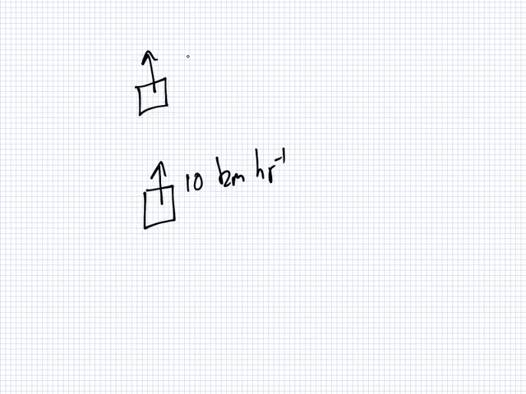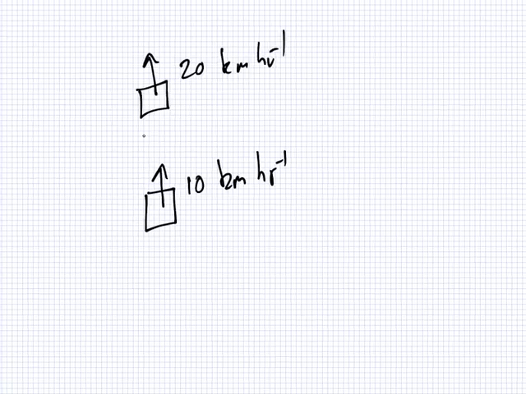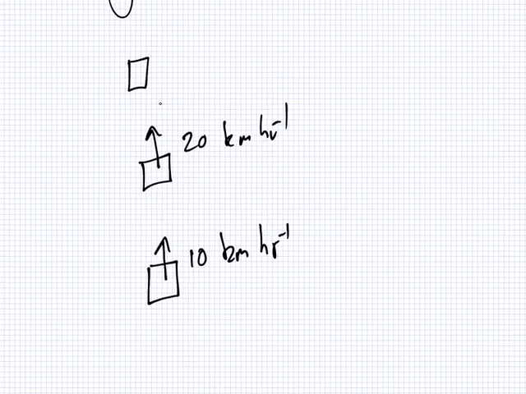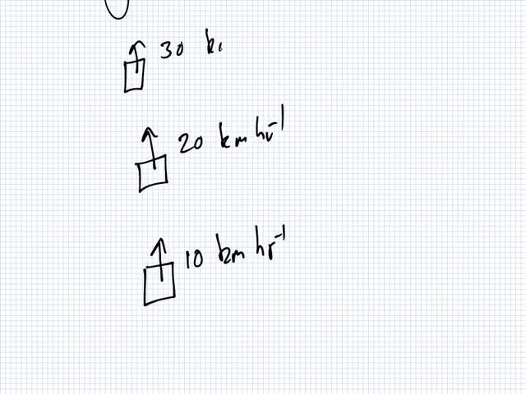For example, let's say we have our car heading north at 10 kilometers per hour, and then it goes faster, maybe now it's going at 20 kilometers per hour, and it continues to speed up, and now it's going 30 kilometers per hour. So what's happening here is the velocity is changing. Here it's 10 kilometers per hour north, here it's 20 kilometers per hour north, and here 30 kilometers per hour north. We call this acceleration.